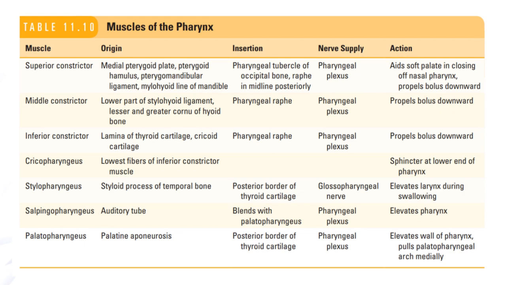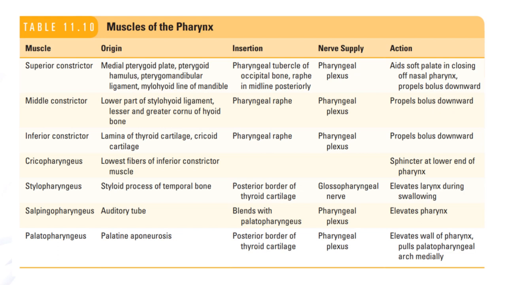Please note that later we will discuss the palatopharyngeus, but the salpingopharyngeus is a muscle that blends primarily with the palatopharyngeus. For the nerve supply, all of them are innervated by the pharyngeal plexus, except for the stylopharyngeus, which derives its innervation solely from the glossopharyngeal nerve.